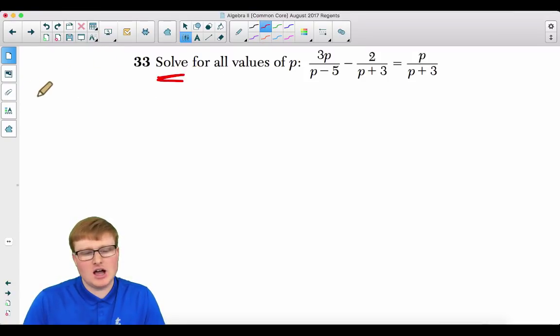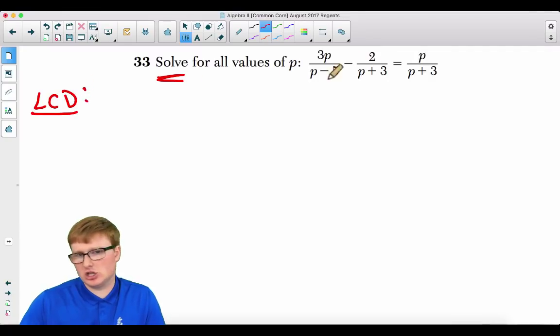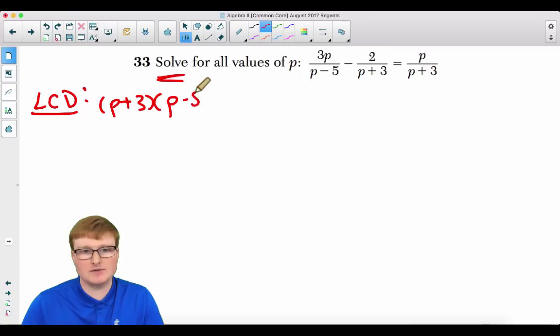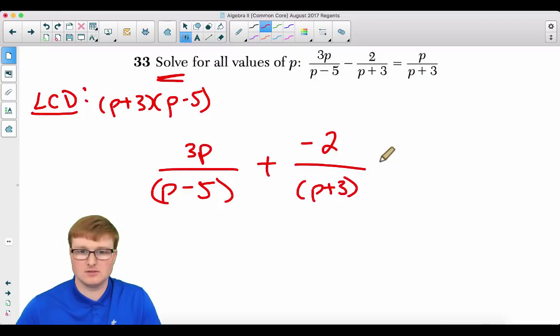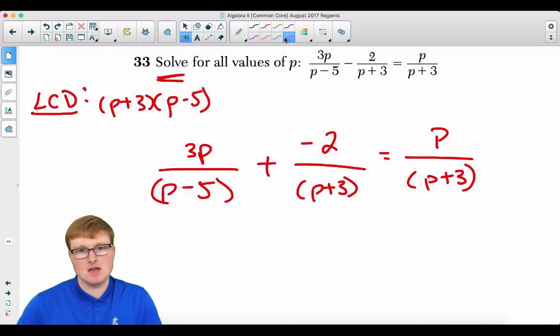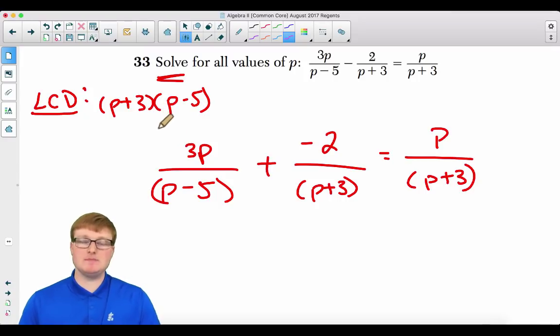So, you're solving. That's important. The least common denominator, I'm just looking at this, looks like it's going to be p plus 3 and p minus 5. So remember what I always say. You multiply by what you need on both the top and the bottom, and if you don't need anything, leave it as is. So, the LCD, p plus 3, p minus 5.